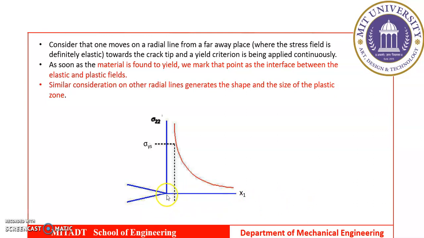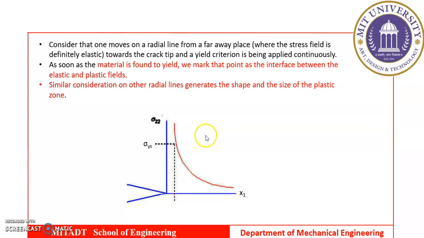Now here we have marked one point on this horizontal line, that is 0 degree. Similarly, we can draw n number of radial lines, suppose a 10 degree line. Then we can also plot the stresses and we will see the point on that 10 degree line, that is the interface.